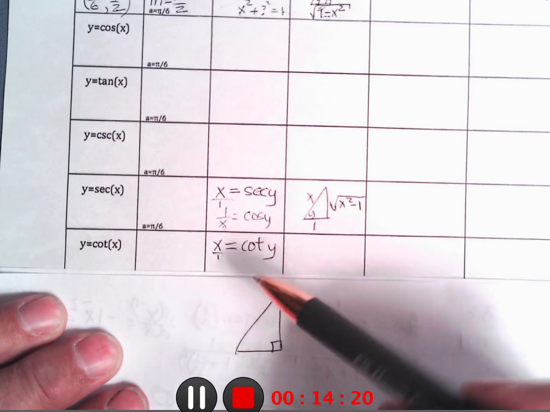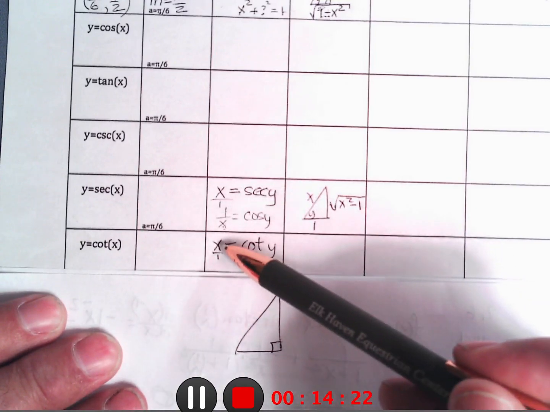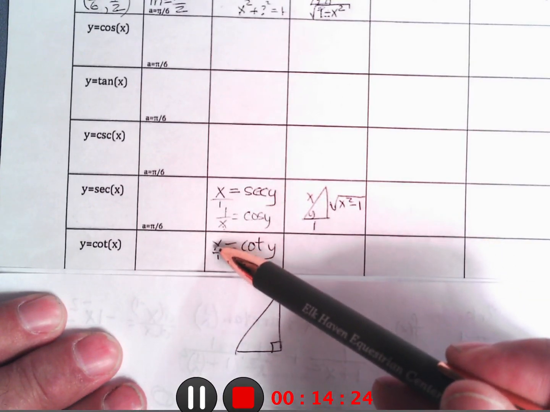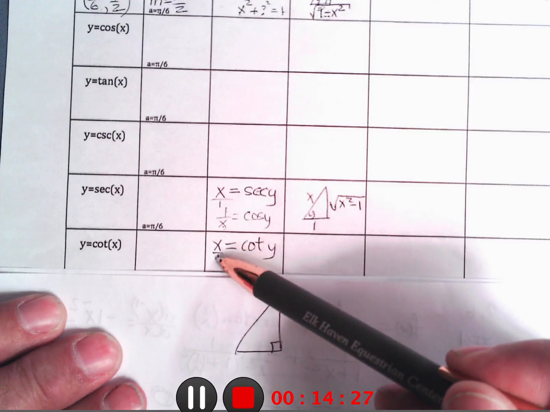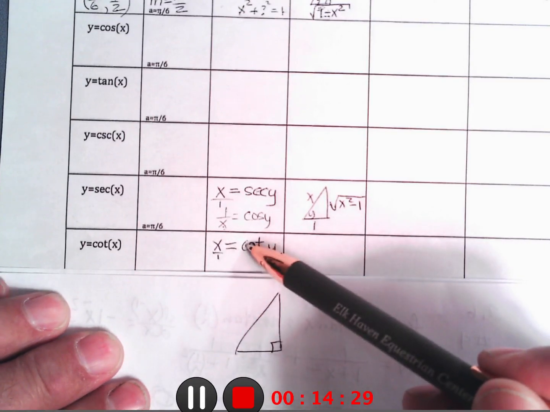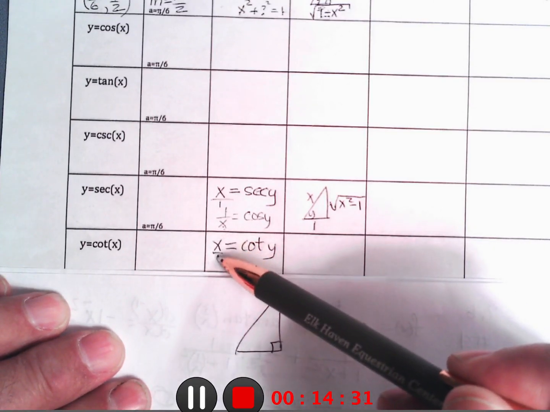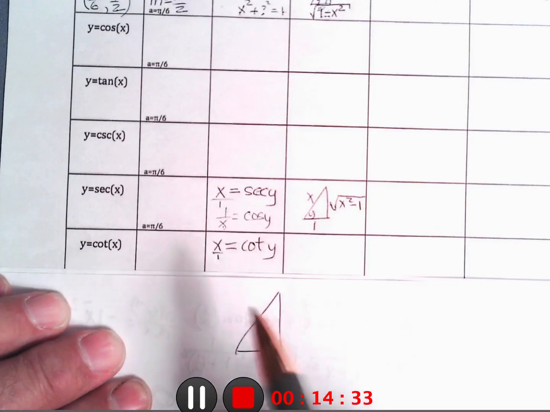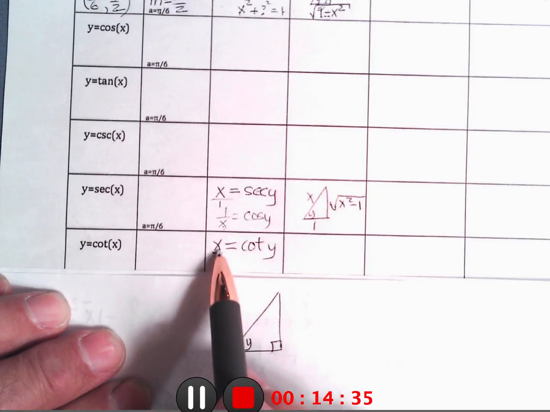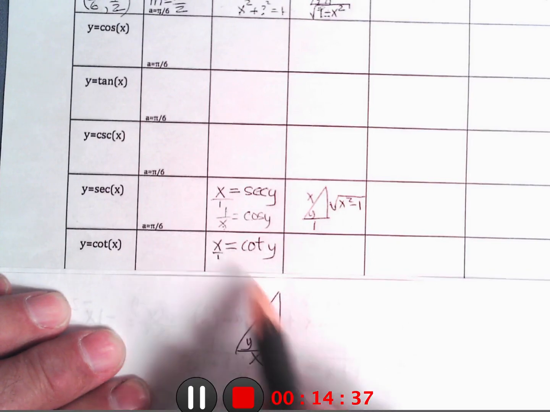Tangent is sine over cosine, or opposite over adjacent. So cotangent is adjacent over opposite. So adjacent to y, if y is here, the adjacent is x. The opposite is 1.